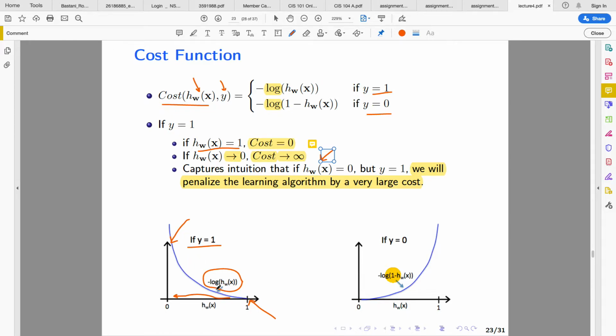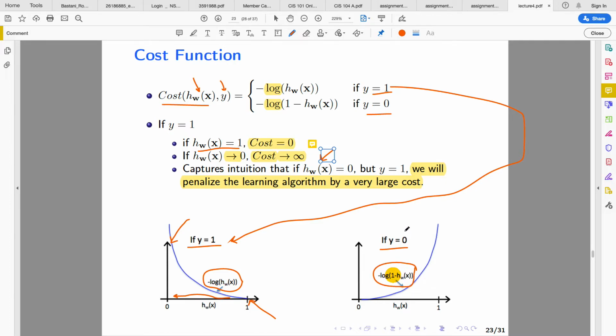The plot of negative log gives us this, and that is why the cost function for our logistic regression is negative log h of w if y equals 1. This corresponds to this. Now, if y is equal to 0, we make use of this cost function, which gives us this plot.